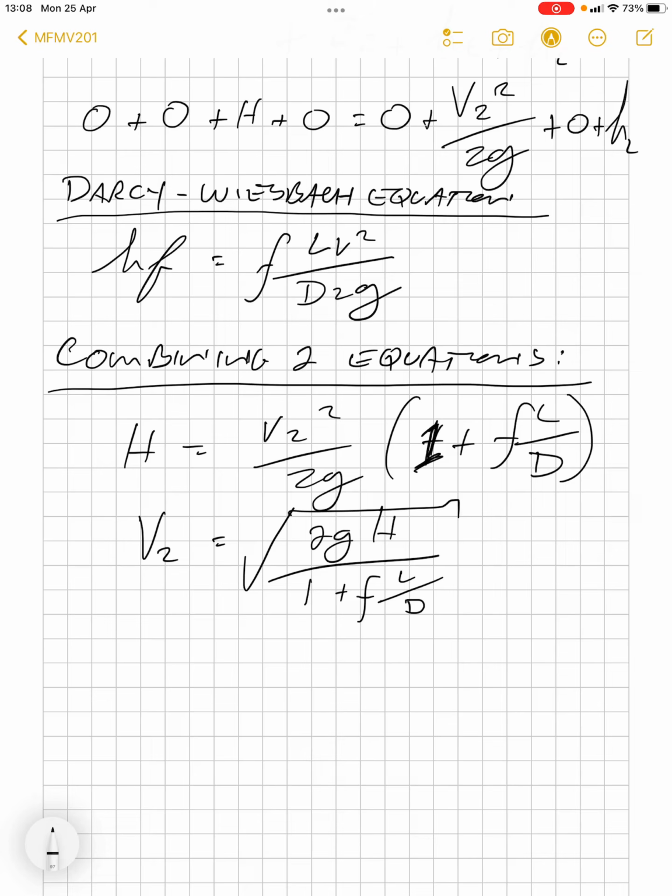So we've determined, with those two formulas, we've simplified all our terms to give us a formula in terms of velocity V2, the exit velocity of the pipe, in terms of the friction factor, the length, the diameter of the pipe, and also the static head. So now, it's a simple matter of substituting those values into this equation.